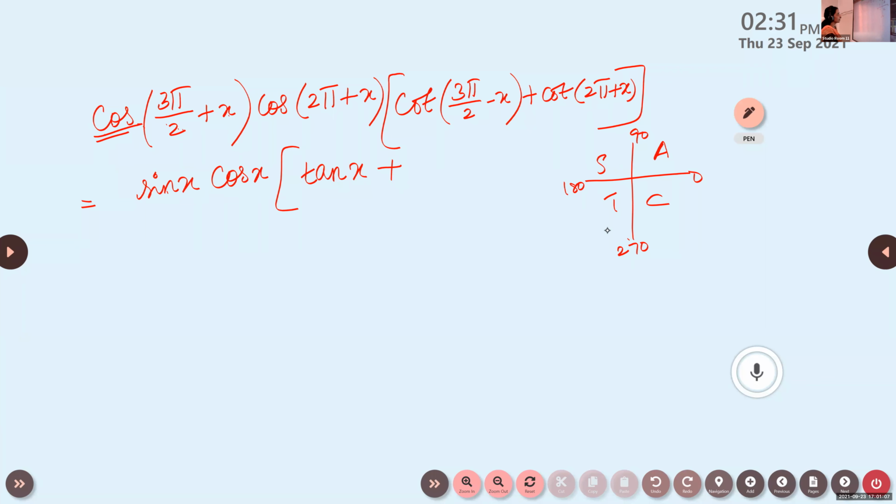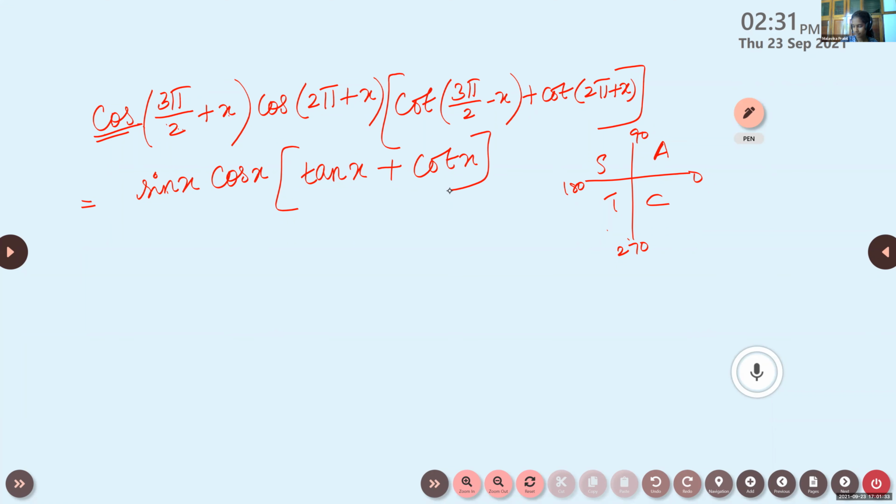In the third quadrant, tan and cot are positive. And what about the next one? Cot of 2 pi plus x. Cot x.